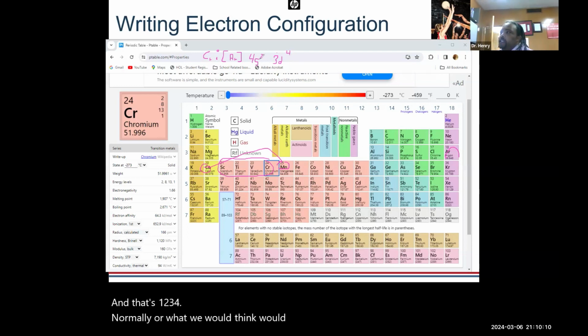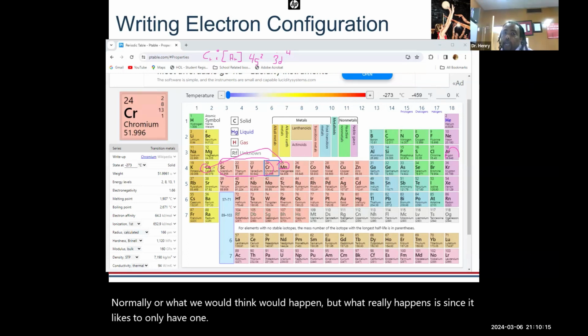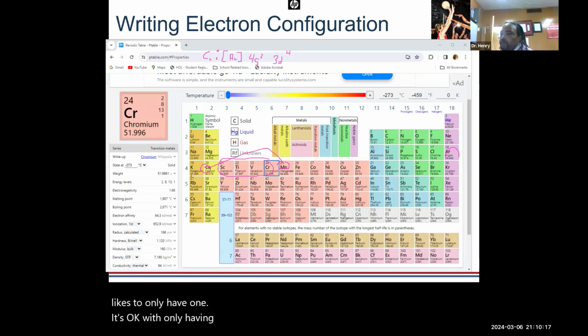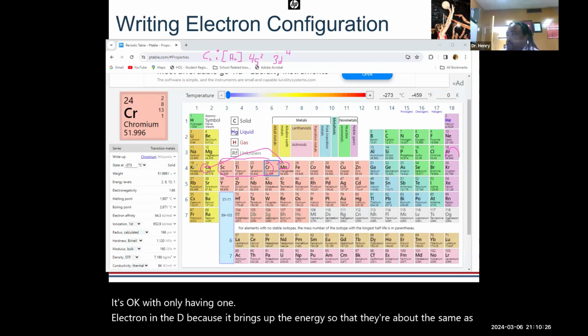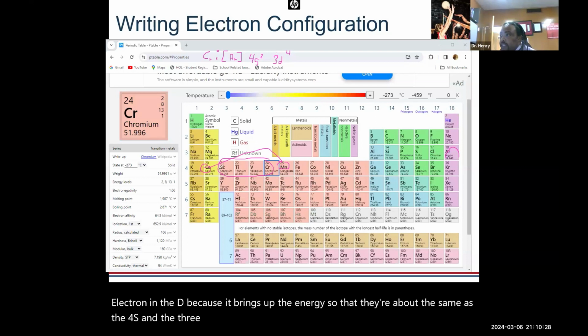But what really happens is, since it likes to only have 1, it's okay with only having 1 electron in the 4s, because it brings up the energy so that the 4s and the 3d are about the same, just in this case.